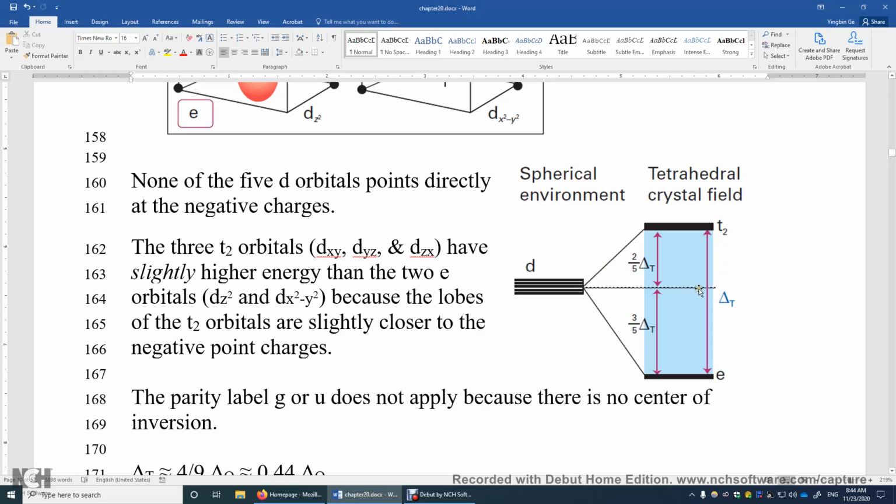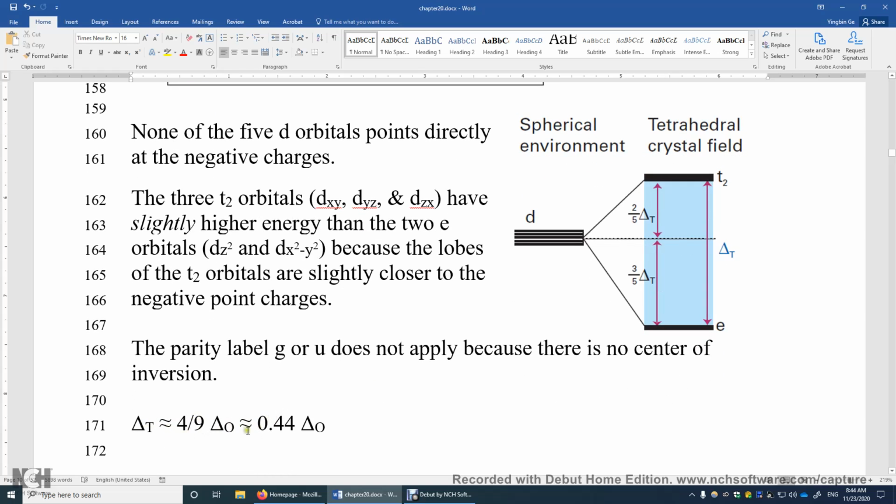Over here, this is again called the barycenter. So the T2 orbitals, 3 of them, sit 0.4 delta T higher than the barycenter. The 2 E orbitals, dz squared and dx squared minus y squared, sit 0.6 times delta T below the barycenter. And again, this delta T is much smaller than delta O. How much smaller? Delta T is roughly 4/9 of delta O, or 44% of delta O.